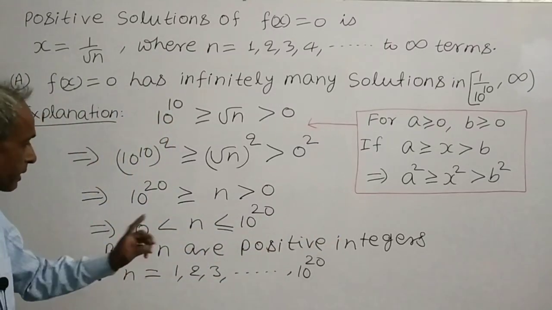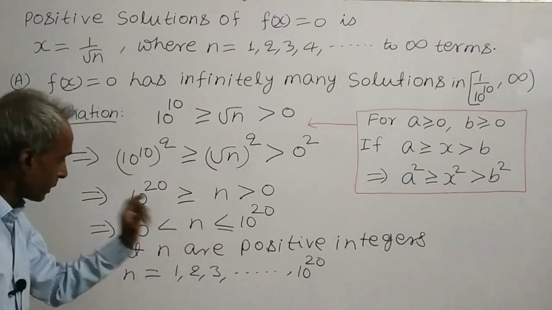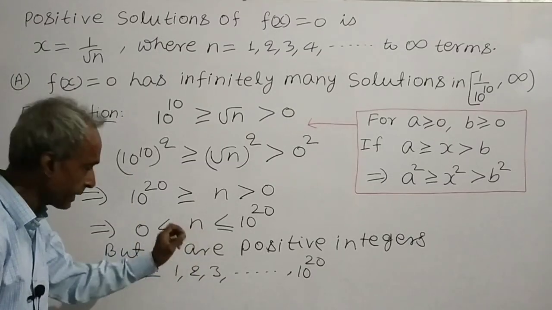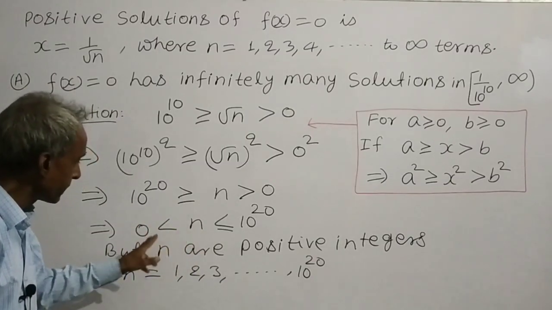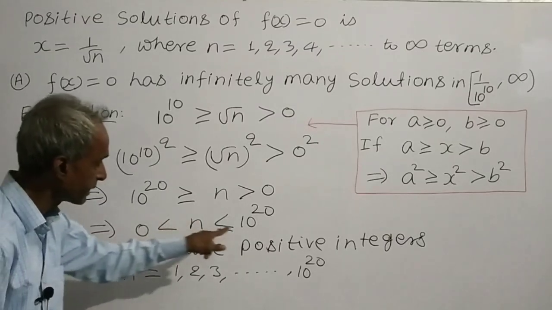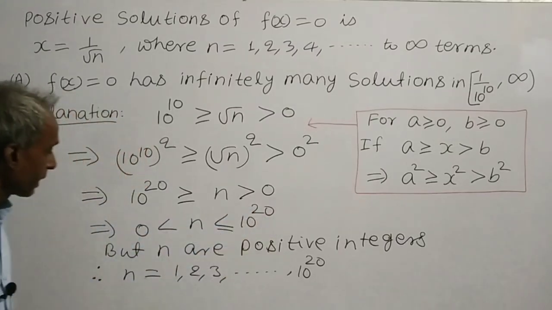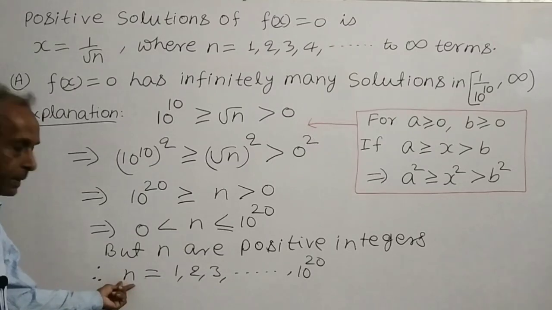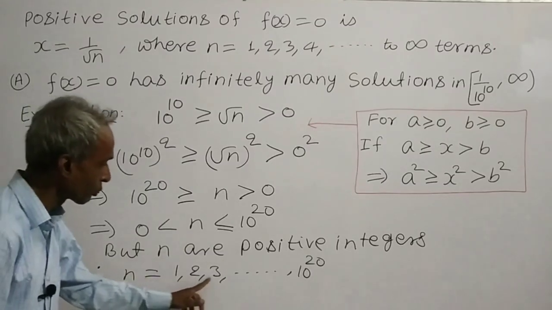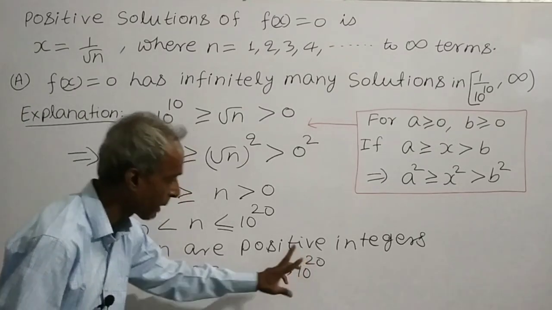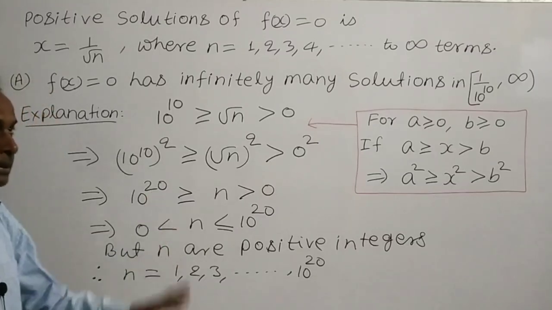That means the value of n is a positive integer which is greater than 0 and less than or equal to 10 to the power 20. That means n is equal to 1, 2, 3 up to 10 to the power 20.